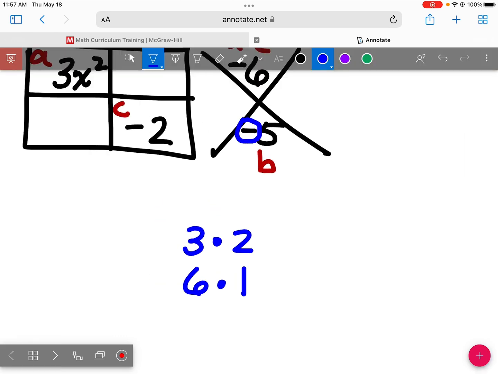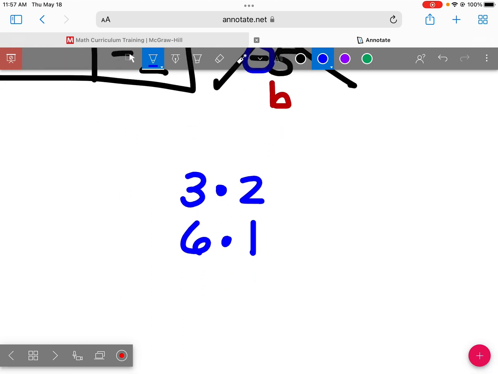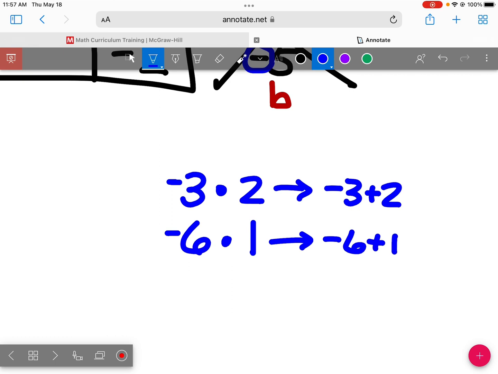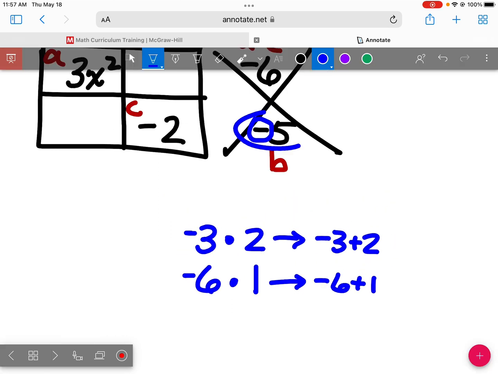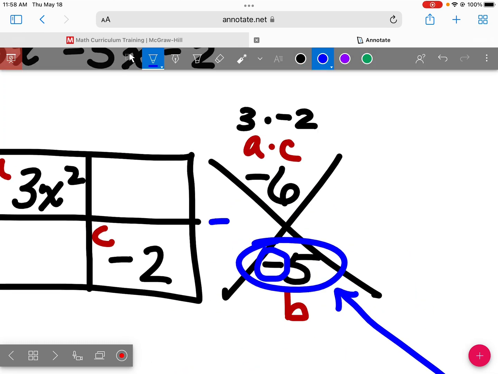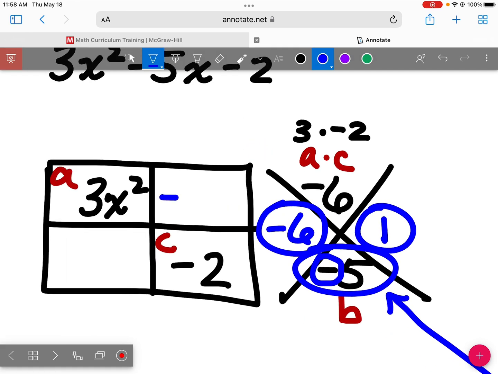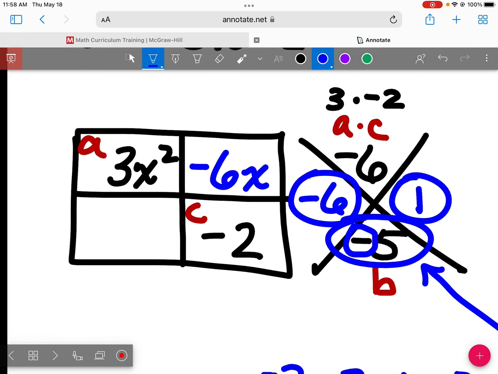B is a negative number, right? So in each of these pairs of numbers, the bigger one would have to be the negative one. -3 plus 2, -6 plus 1. Which one of those gives me -5? -6 and +1. So those are the numbers that I'm looking for. So -6x, +1x.